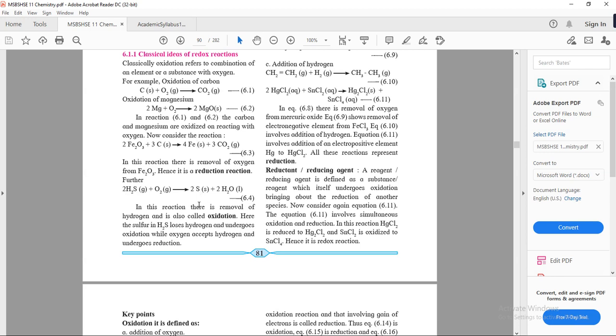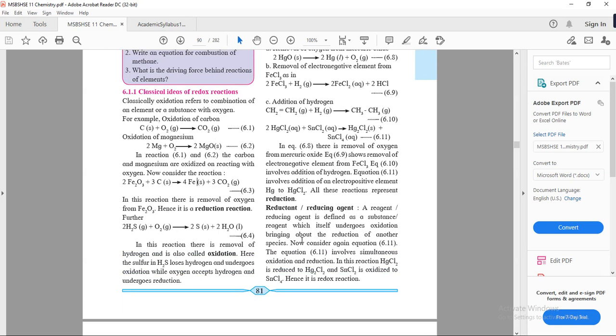So removal of hydrogen is called oxidation. Addition of oxygen is called oxidation. And another definition for reduction is addition of hydrogen is reduction and removal of oxygen is also called a reduction reaction. Understood? So these two are the definitions for oxidation and reduction reaction.